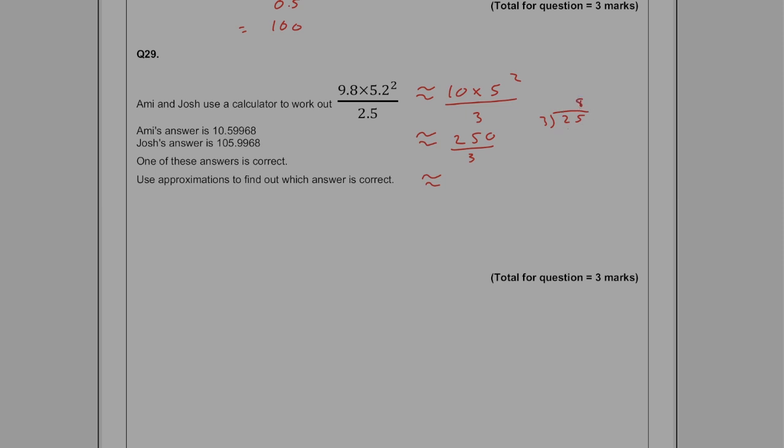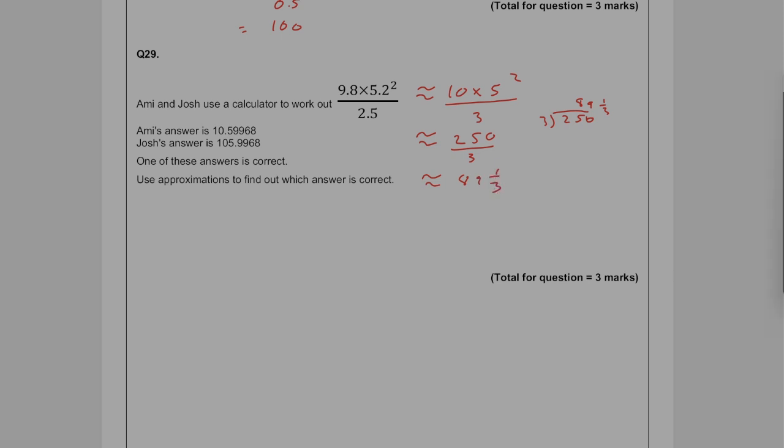So if we carry this on and imagine that we've got a 0 there, with 1 left over, that's going to be 9 1/3. So we're looking at 89 1/3. We made a slight mistake there. That was 83 1/3. Not that it particularly matters.